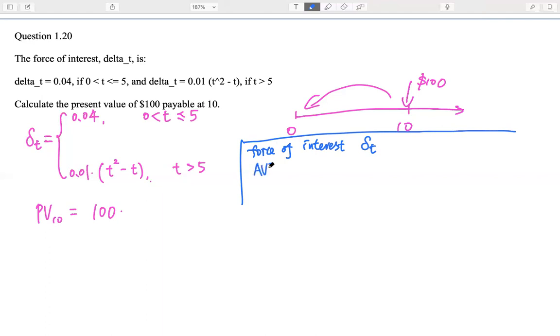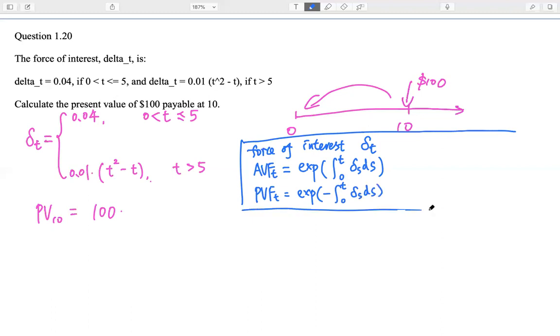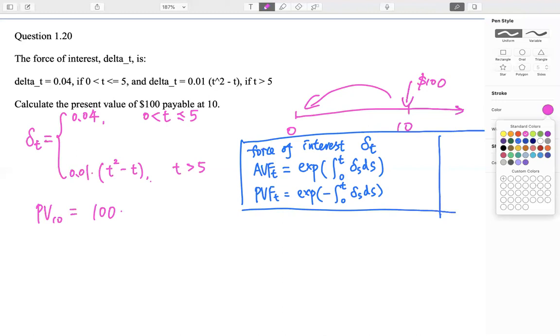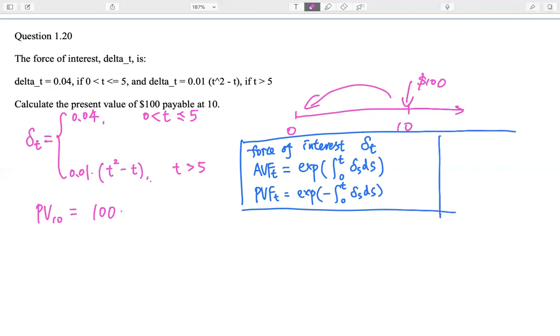If I want to move forward, what I do is exponential of the integral from 0 to t of delta s ds. So if I want to discount back, it's nothing but the negative exponential. Taking the color back.